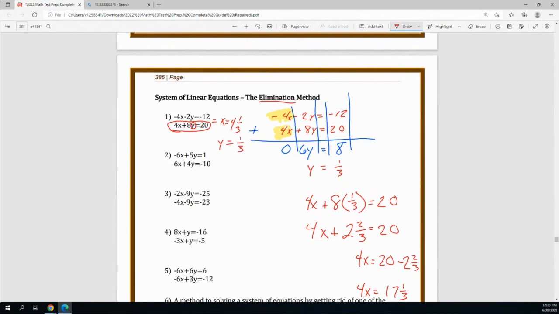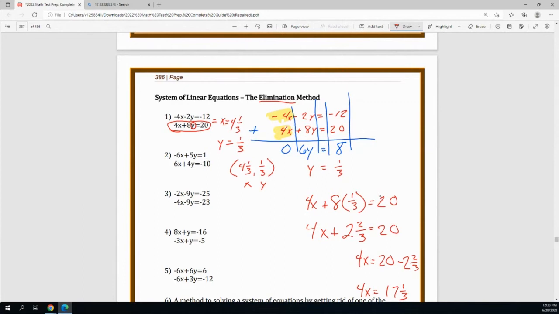And that would be considered the solution. So again, it's going to be two numbers, and they might write it like this. And again, remember, these are ordered pairs, so this is your x and this is your y.